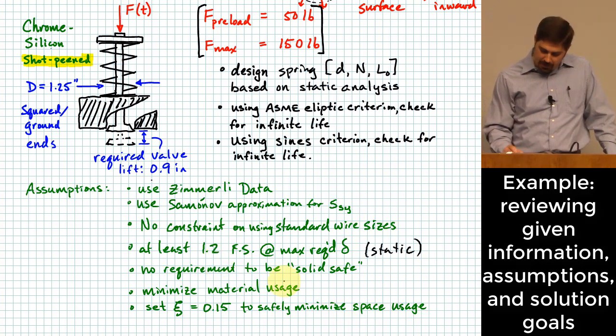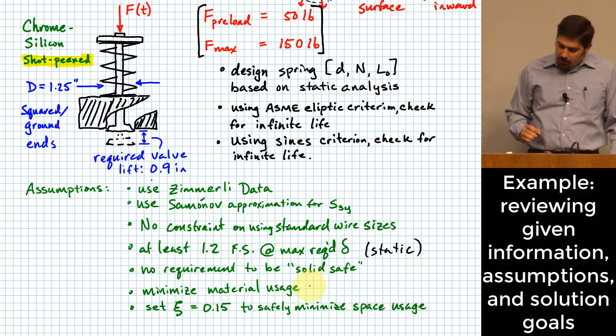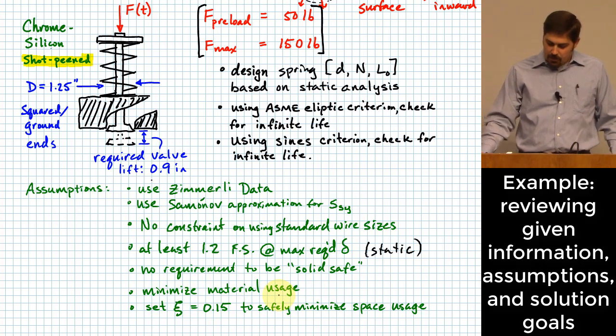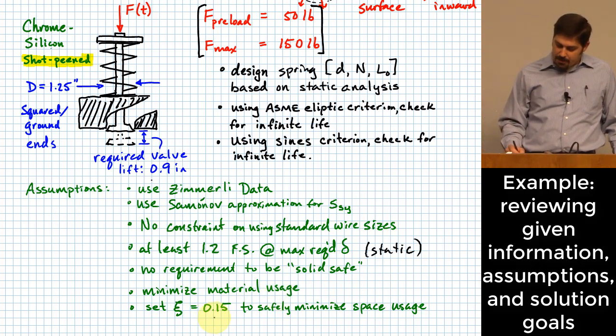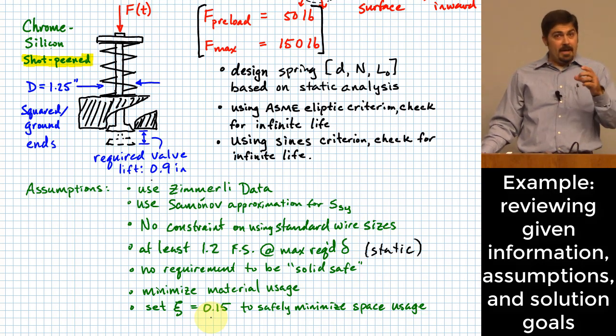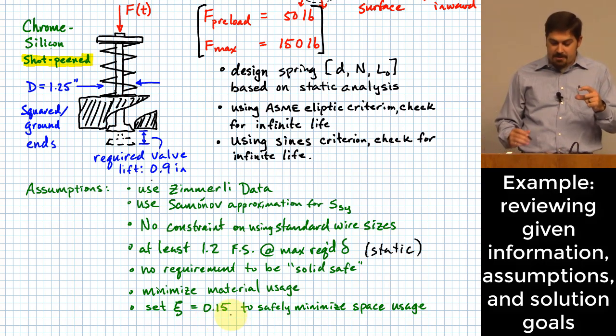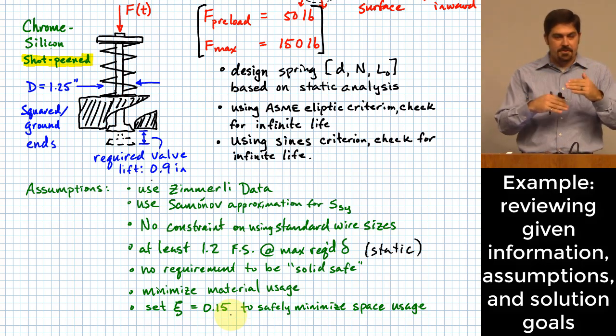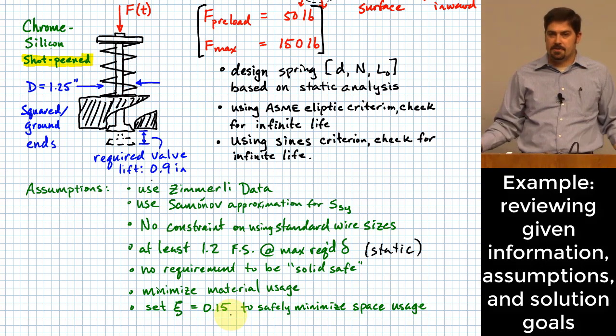So that means we don't have this requirement to be solid safe. We also want to try to minimize the material usage, and we're going to set the fractional overrun to closure to 0.15, so that by making that as small as possible, it tends to minimize the height of the spring and still stay within some recommended ranges of how springs should be designed.